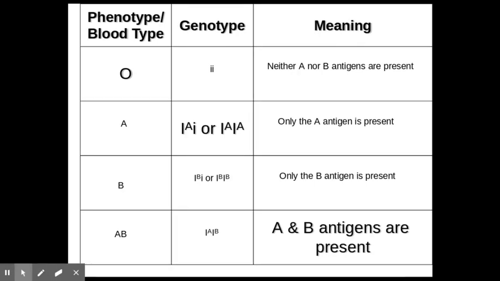You can have an I with a big A and a little i, or you can have two big I's with big A's. And so A antigen is present. B is big I, big B, little i, or big I, big B, big I, big B, and you have B antigens present. AB blood is big I A, big I B, and so both A and B antigens are present.